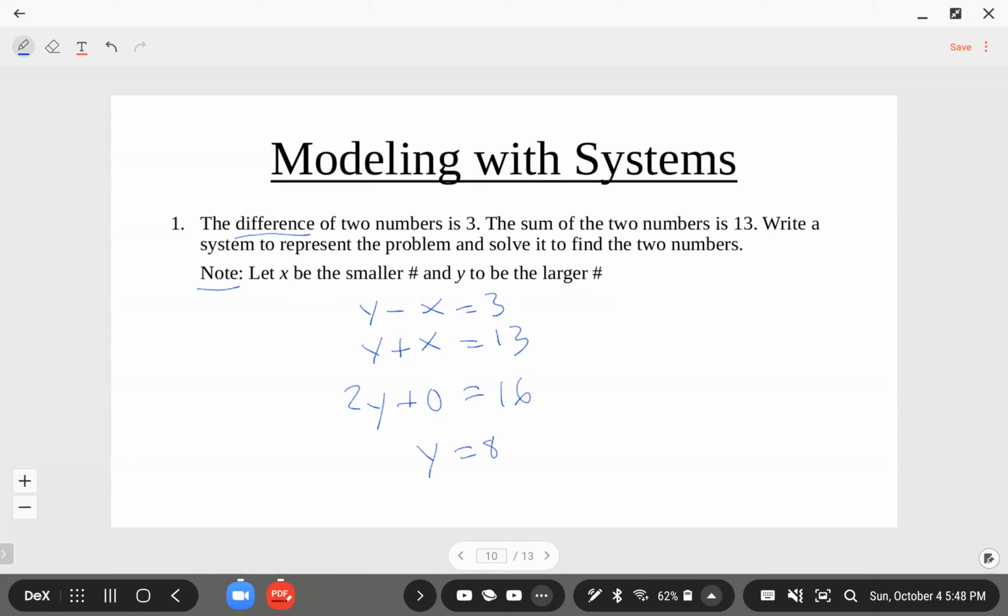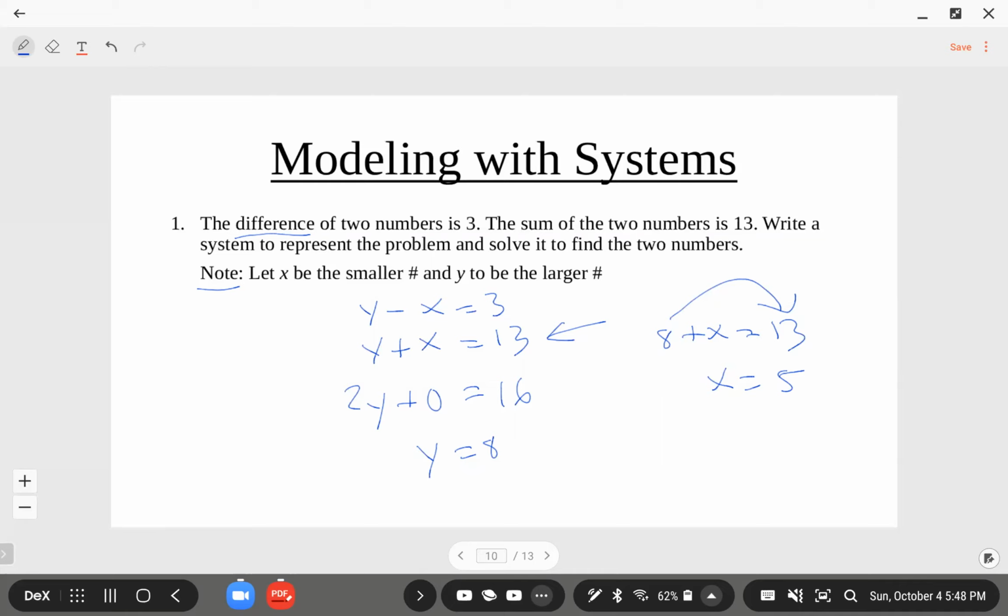And we can plug that into any equation. So let's plug it into this original equation, equation 2. Let's plug in 8 for y. So 8 plus x equals 13. Move it to the other side. Subtract 8 from 13. X equals 5. That's very easy, right?